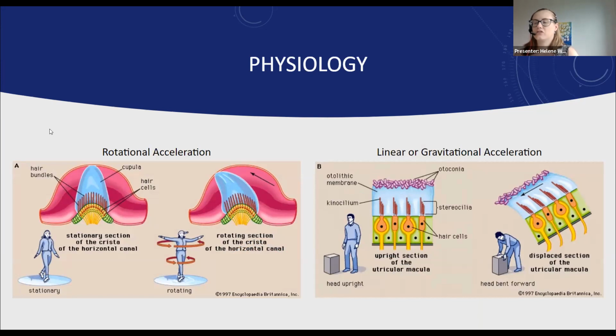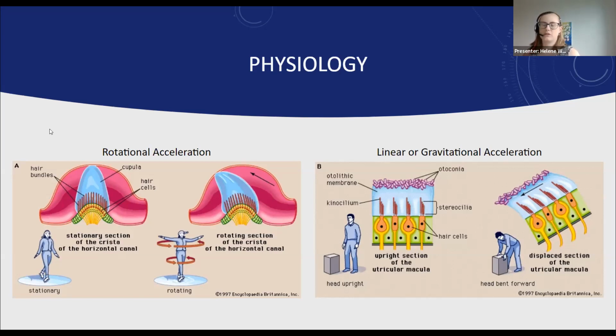Head or body movement in a particular direction will result in the fluid within the semicircular canals moving in the opposite direction. That displaces the cupula and therefore the hair cells and gives us an idea of the direction that we're moving in and how fast we're moving.